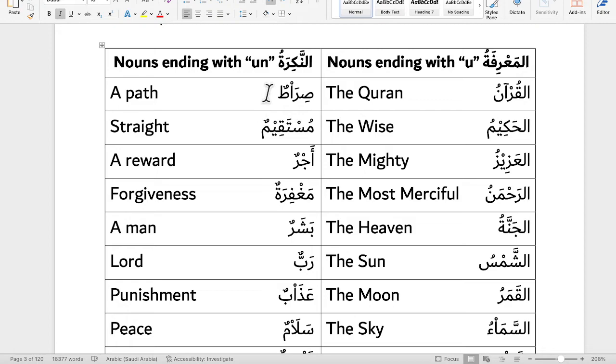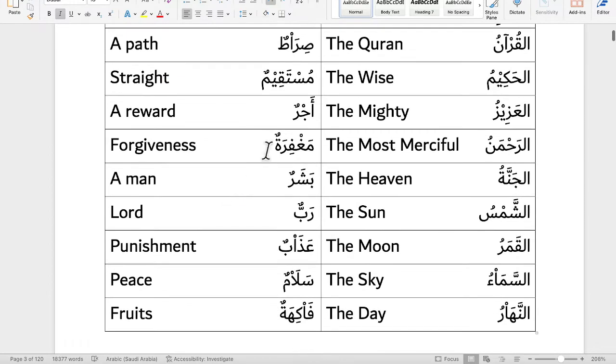So it gives us some practice just before we start reading the surah. So siratun, a path. Mustaqimun, straight. Ajrun, a reward. Maghfiratun, forgiveness. Basharun, a man. Rabbun, a Lord. Azabun, punishment. Salamun, peace. Fakihatun, fruits.